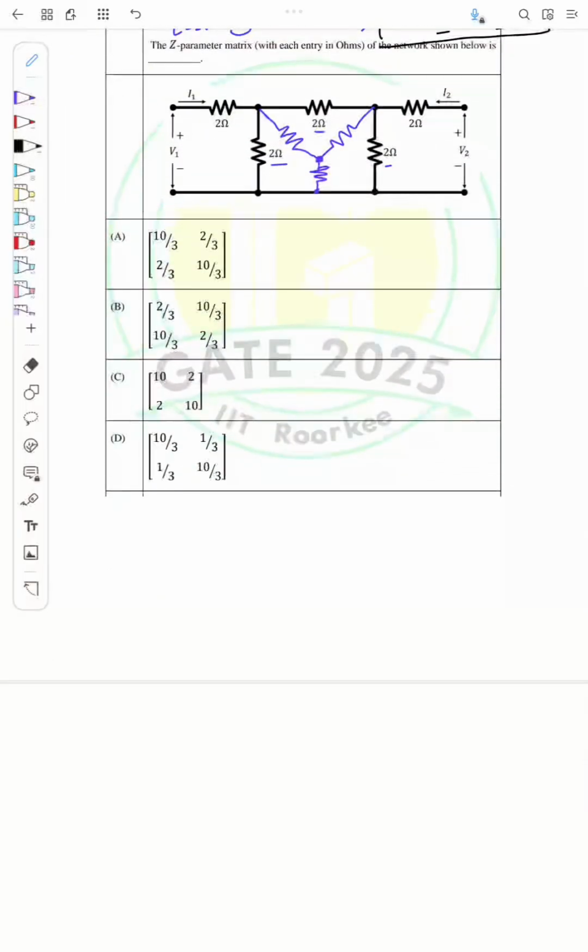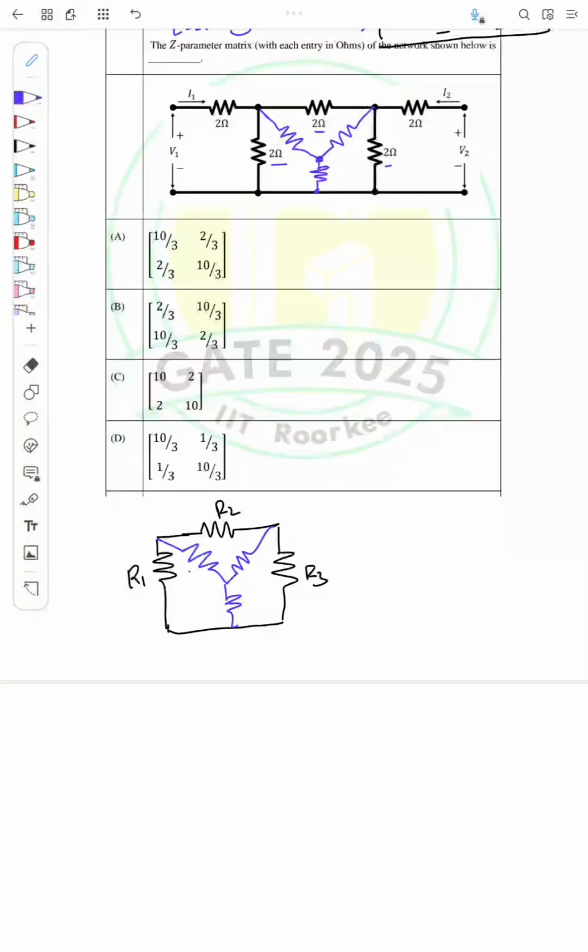So if I draw here, this is our network, okay, and I want to convert this to a star connected network. Say these resistances are R1, R2, R3, and say these are RA, RB and RC.